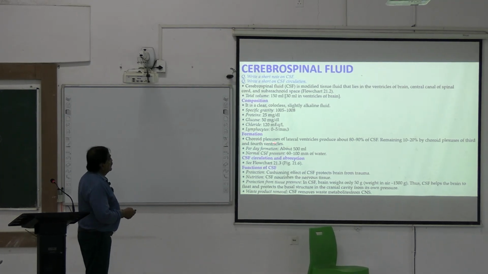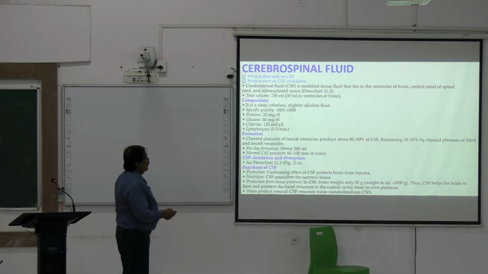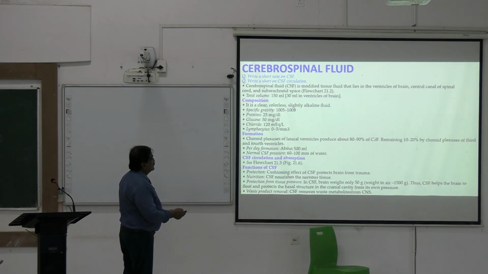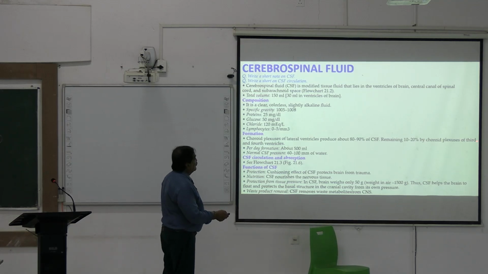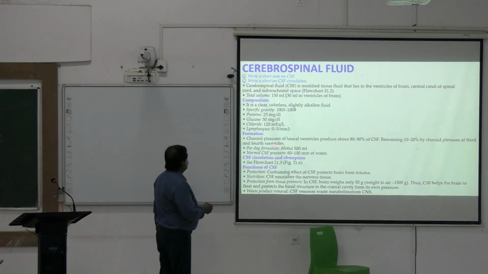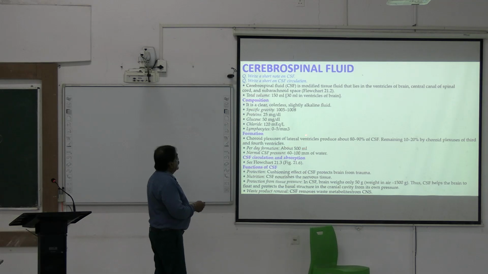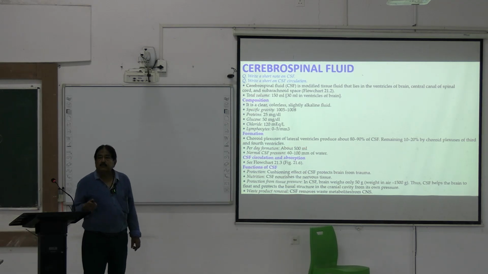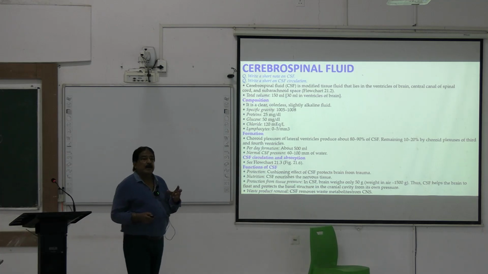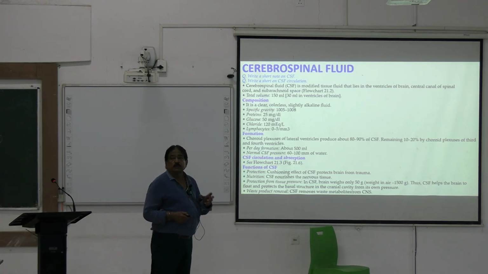Now, formation: choroid plexus of the lateral ventricles produces about 80 to 90% of the CSF, the remaining 10 to 20% by choroid plexus of the third and fourth ventricles. So, lateral ventricle, third ventricle, fourth ventricle, all these ventricles are producing this cerebrospinal fluid.